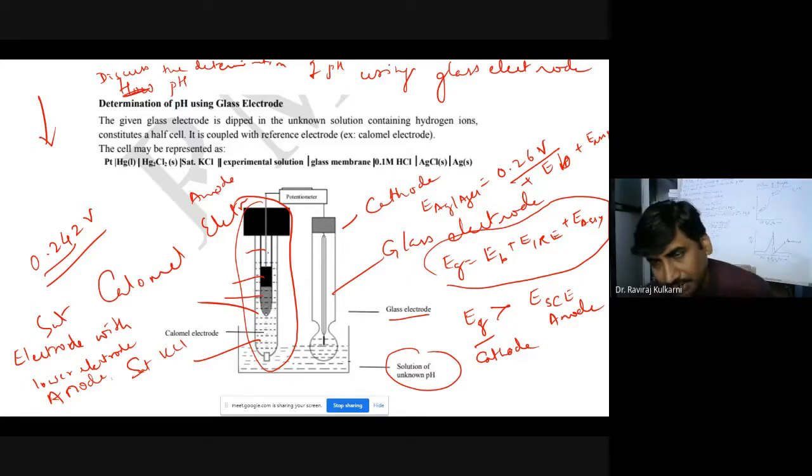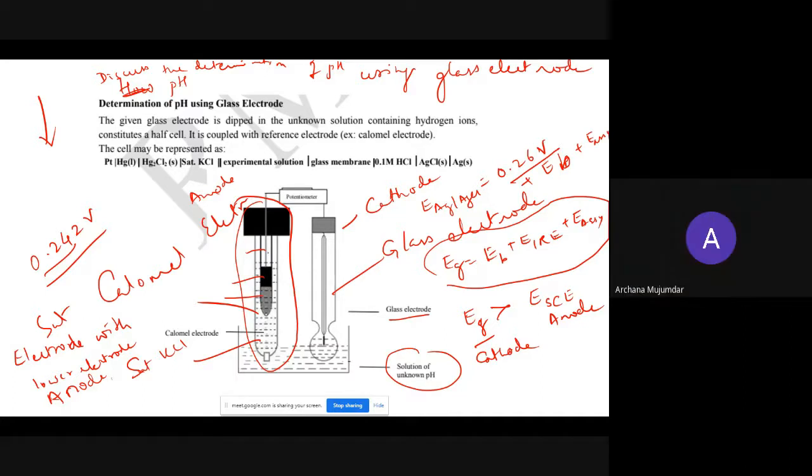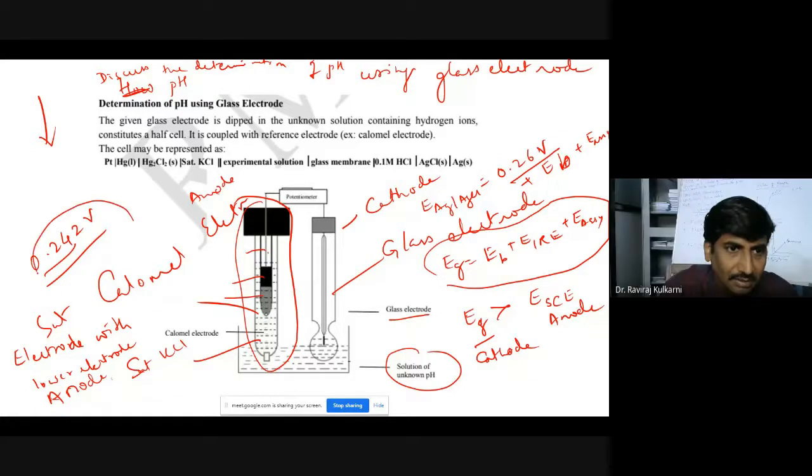Very good. So here, which acts as anode? Calomel electrode acts as anode because it has got lower electrode potential.